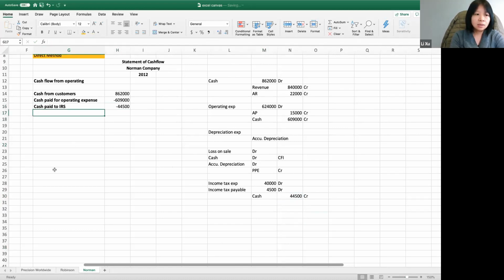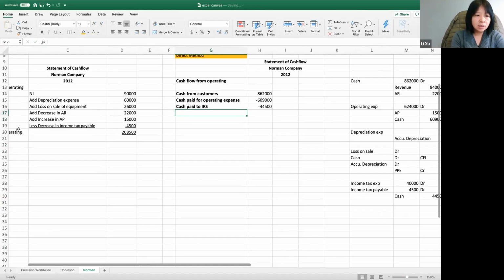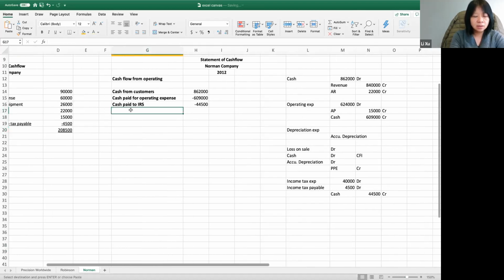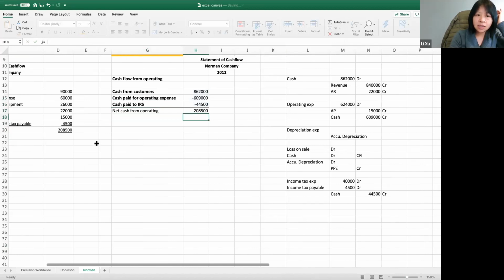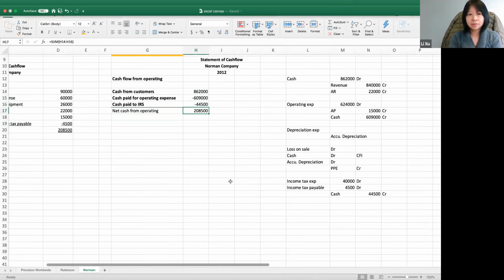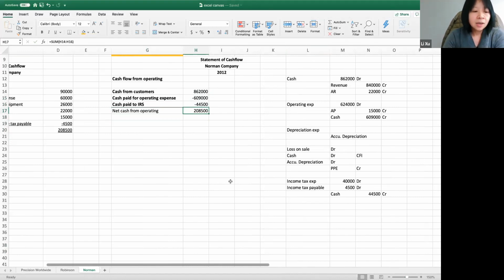Okay, so that gives you a cash flow from operating sections. You can see here, well, very lucky, we get exactly the same number, which means we did everything correct. Okay, any questions? Good, everyone feel okay?